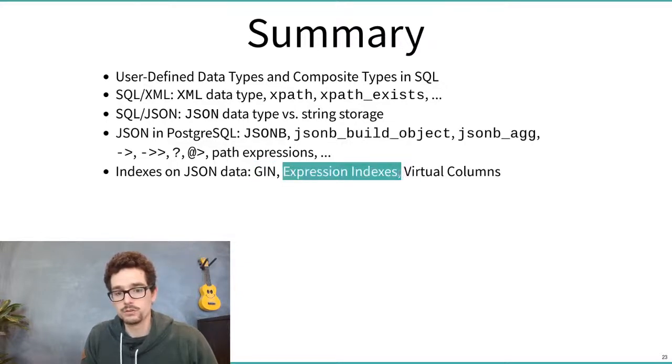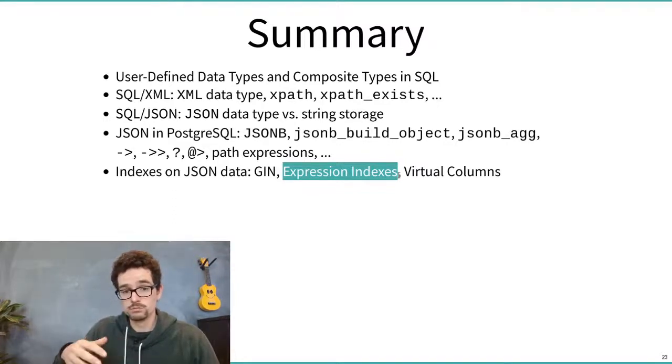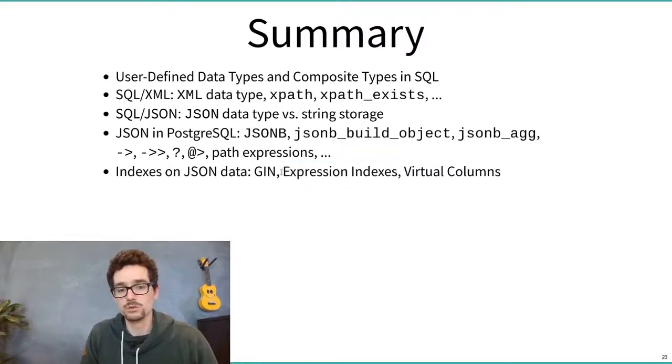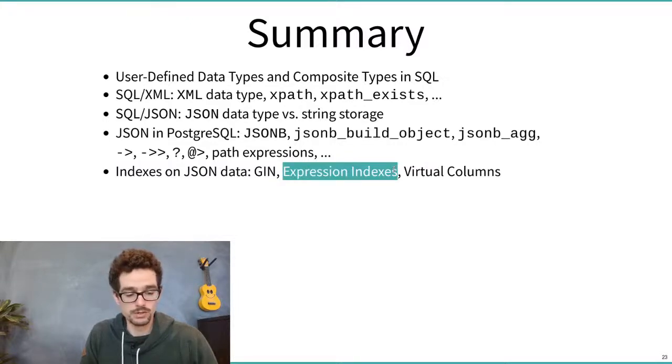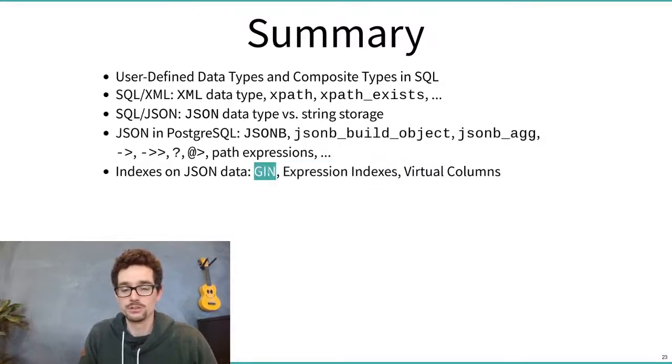And some tricks on how to use expression indexes to evaluate an expression on the JSON and index the result of that expression, to avoid that the whole document is indexed when we don't need it, and to support indexes even where we do not support it natively, for example because Oracle or another database system does not support a GIN.